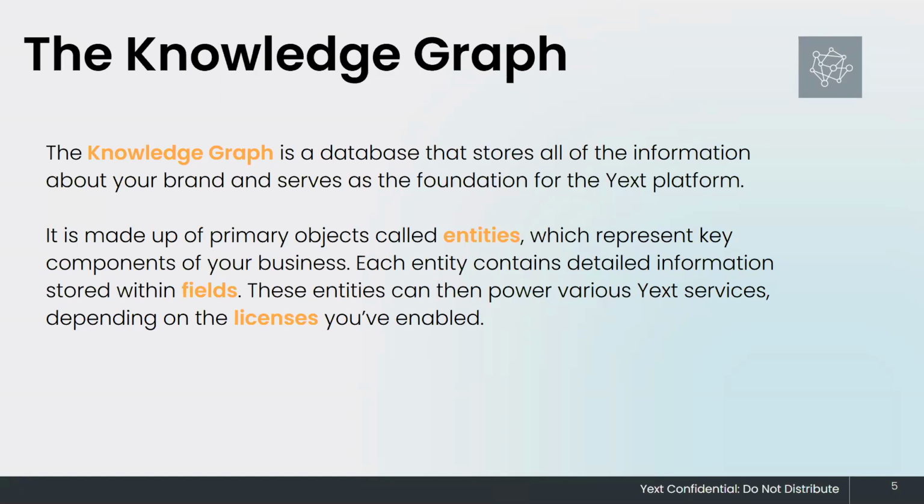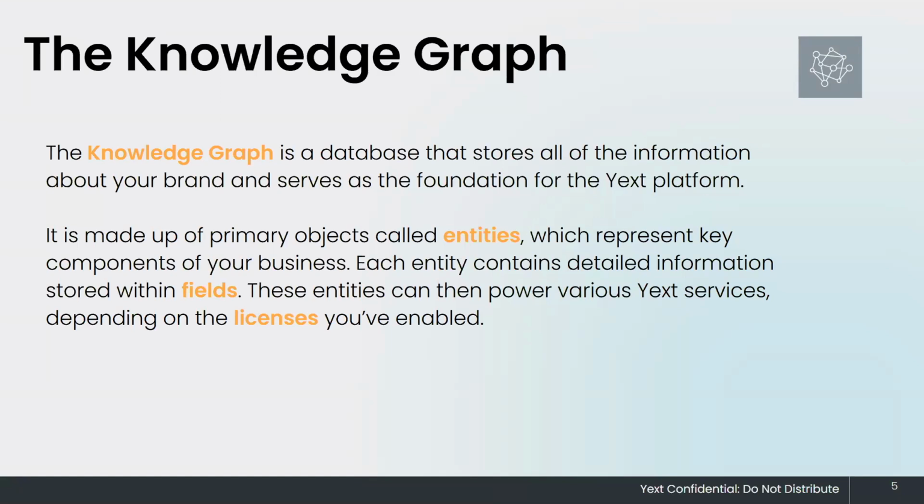It's the information in the knowledge graph that powers all of the other Yext solutions that you may have purchased. So the information in the knowledge graph will be synced to listings. It will be synced to pages if you use pages. It will be used to answer questions if you have search.